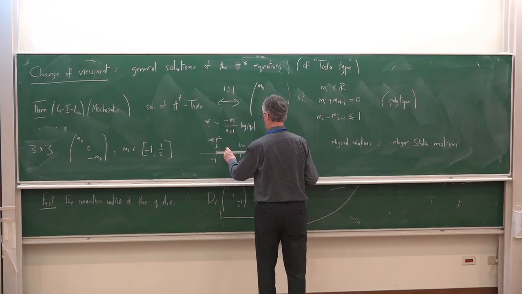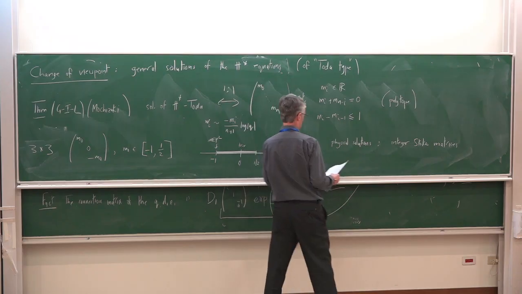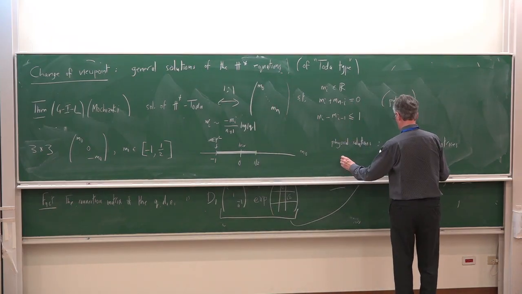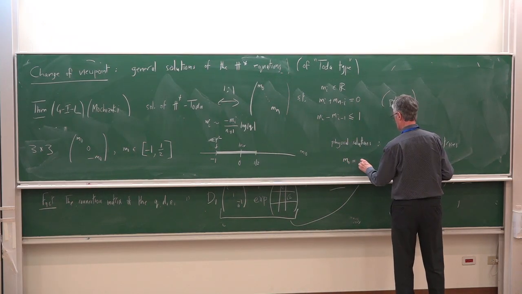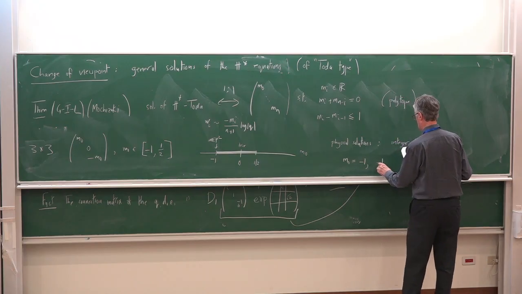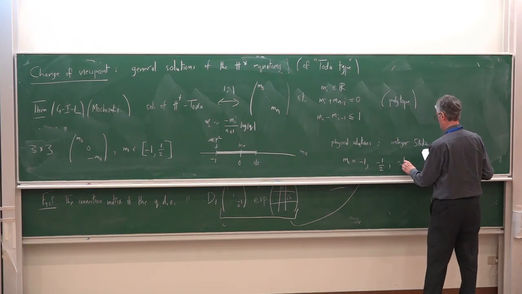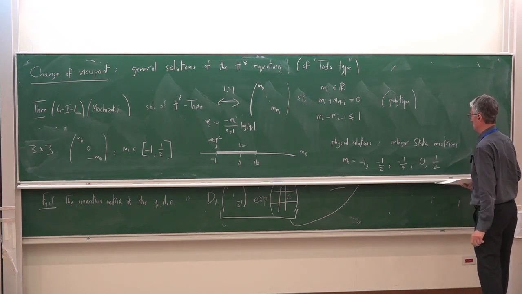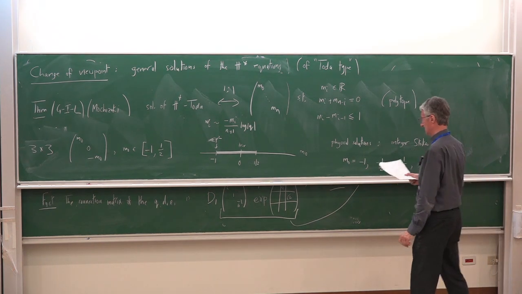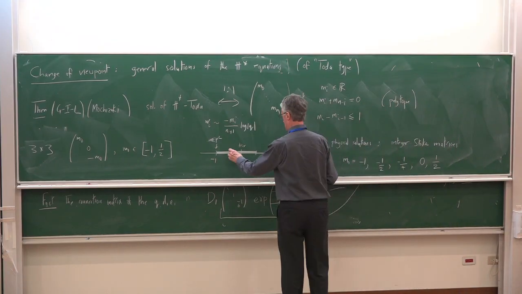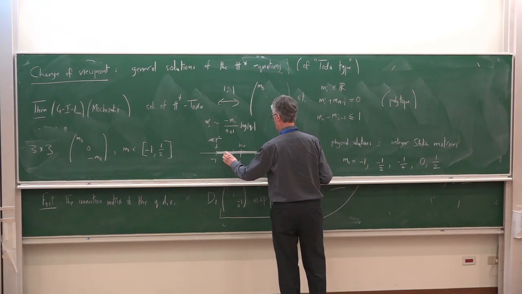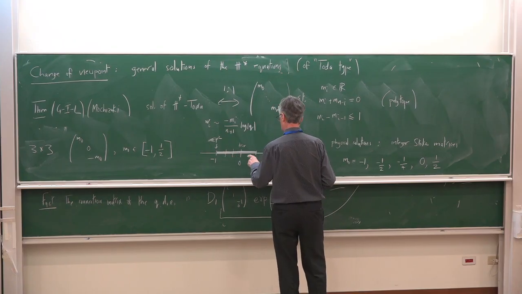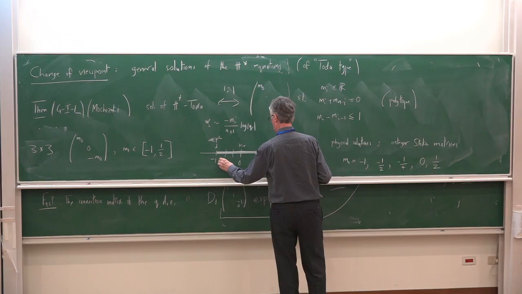So actually this condition in the 3 by 3 case only allows these particular numbers. So the endpoints and 0, but also I want to say something about -1/4, because this is actually an important case. 0, 1/2, -1/4, -1/2.